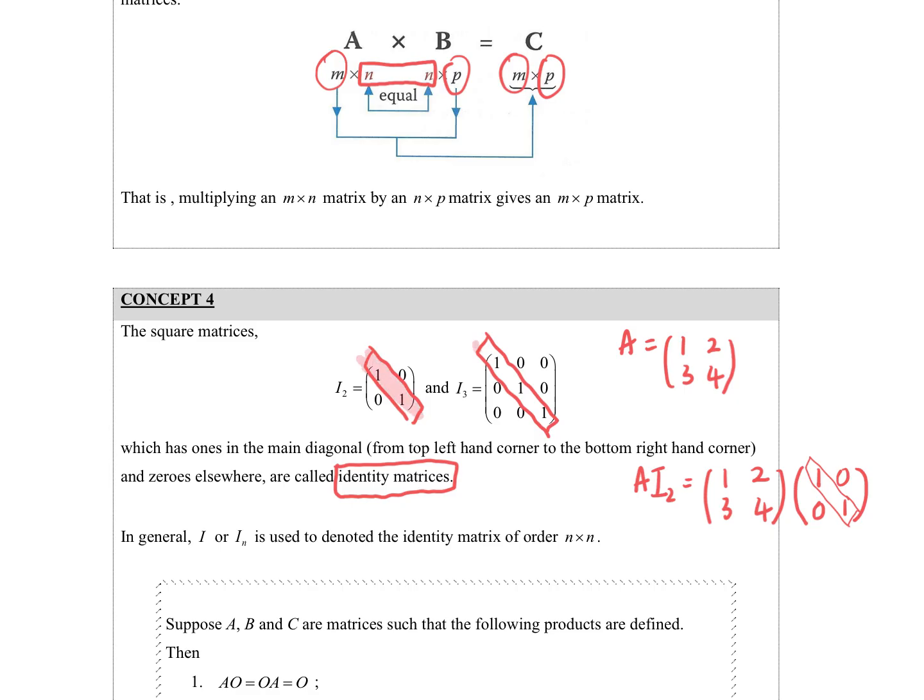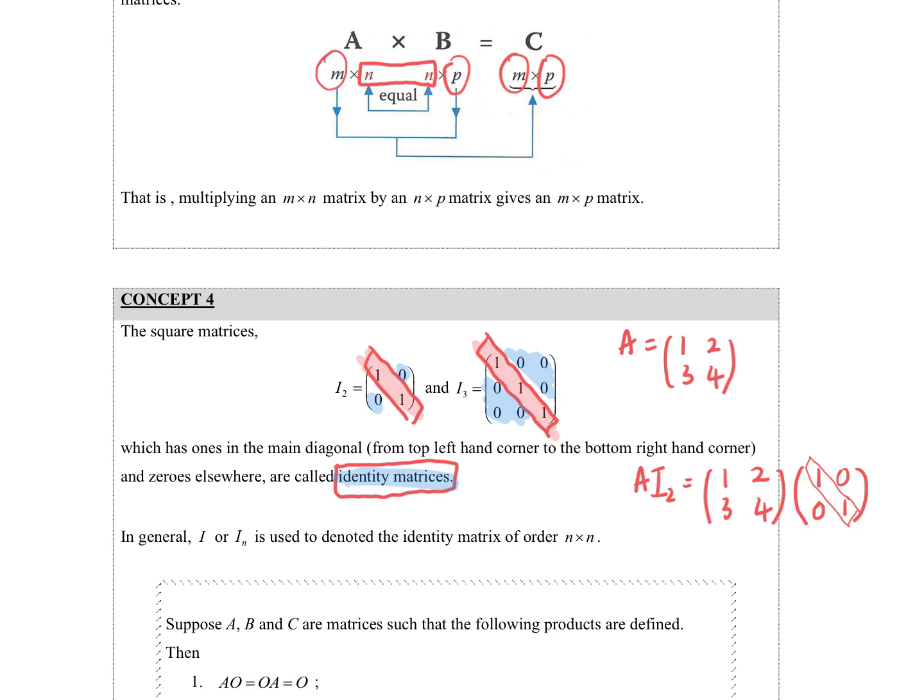The diagonals are always 1, and the rest are zeros. So this is the special trait of the identity matrix. If I have an identity matrix I5, it means it has 5 columns and 5 rows, and all the entries except the diagonal ones are zeros. The diagonal ones are all 1.